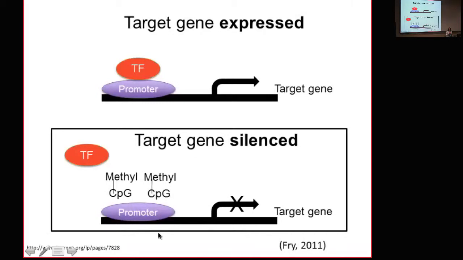And then when you have CpG sites in the promoter region that are methylated, that have the methyl group attached to the cytosine base, this can prevent the transcription factor from binding to the promoter, and then that prevents the transcription of DNA into RNA, therefore silencing the gene because you can't turn on the gene. Okay? That's my biological understanding.